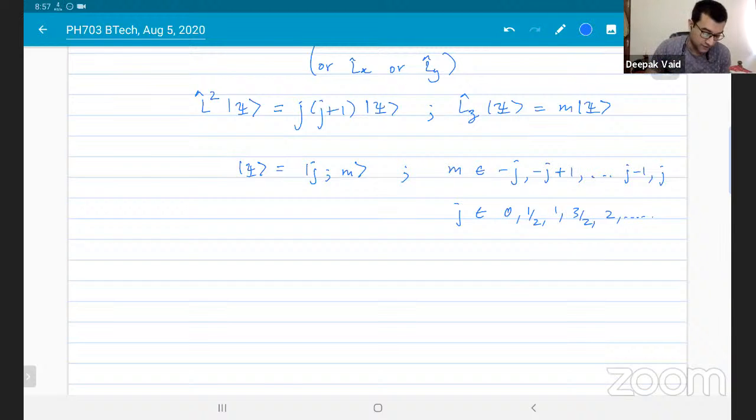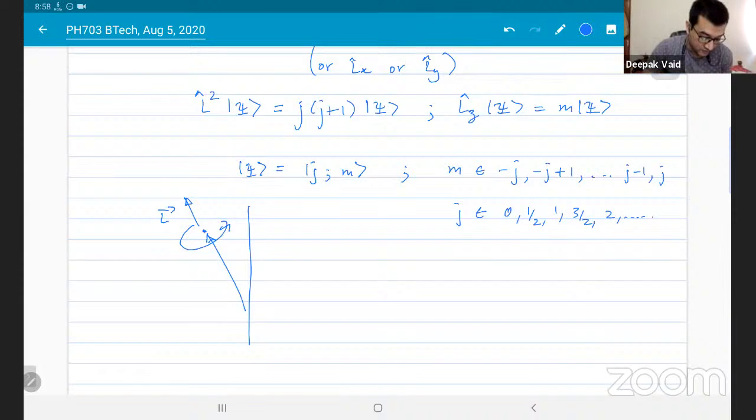The picture you have of this angular momentum is the following: you have a particle spinning around, so you imagine a spinning top, and that spinning top has a total angular momentum L pointing in this direction.